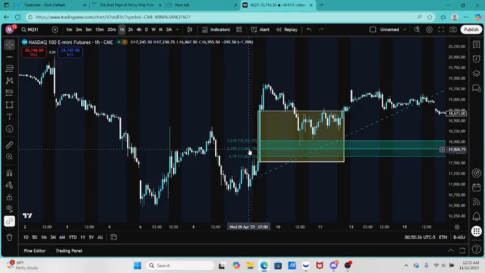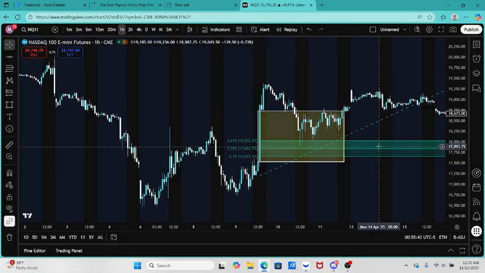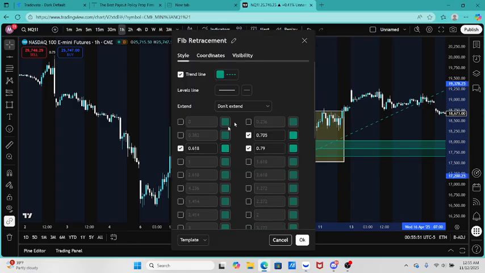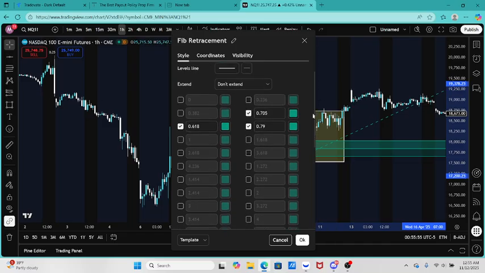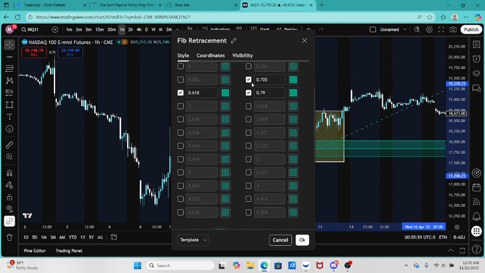Now, to set your fib tools up, you're going to go to settings, and you're going to take off everything except, actually, I don't even know why I have the 70 level up here.